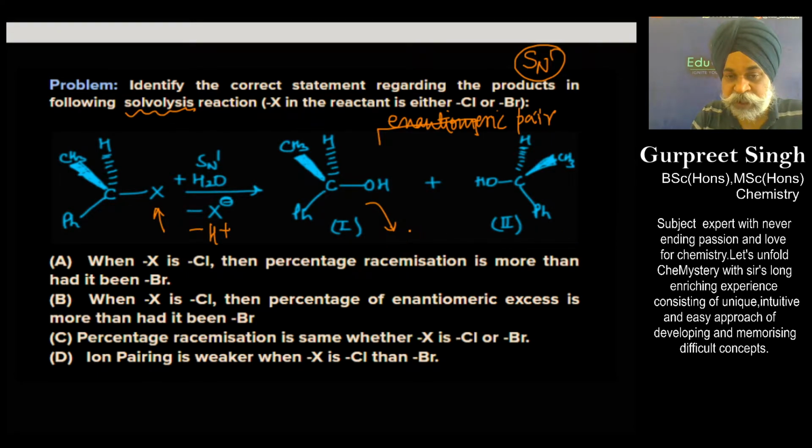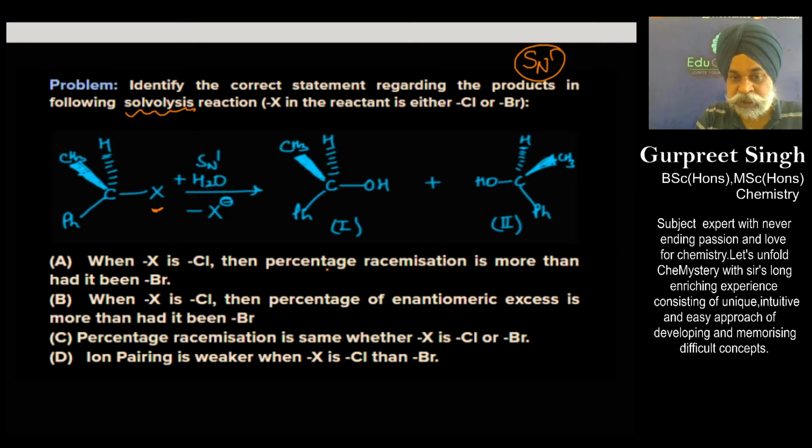So now, what are the options available to us? He is saying that if X is Cl, the percentage racemization is more than had it been Br. If instead of Cl there is Br, he is saying in the case of Cl the percentage racemization is more.